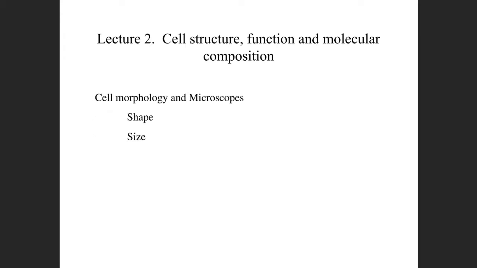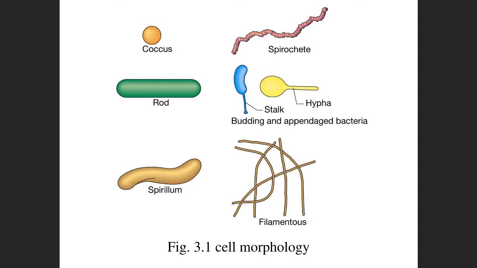So the first topic we want to know is cell morphology and microscopes. And I know you have already spent a whole lab time on microscope and looking at the microbes. So you would have seen already the 3 basic types of microbes: the coccus, the rod, and curved.